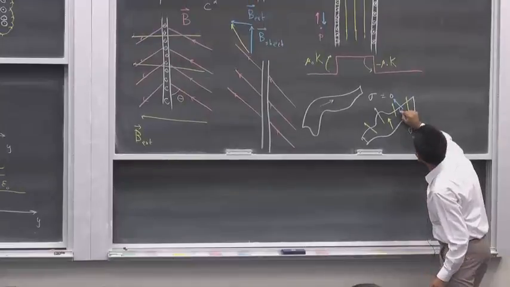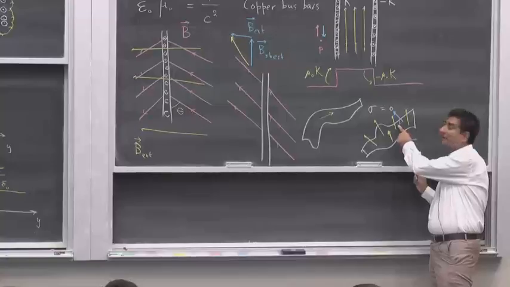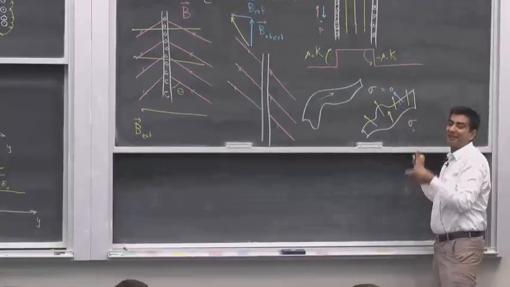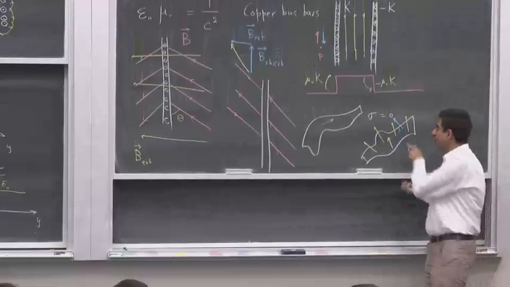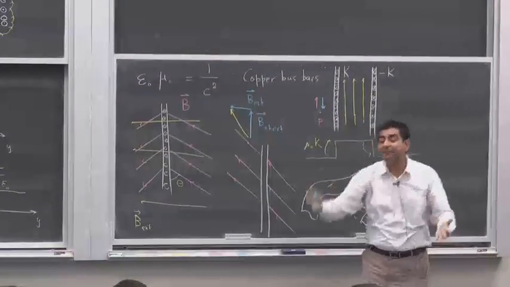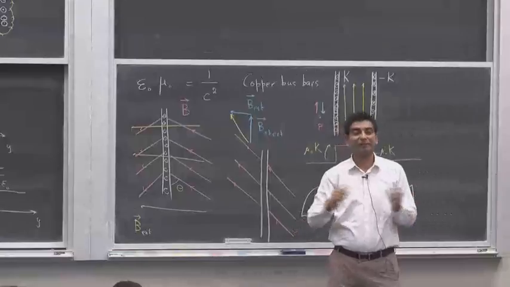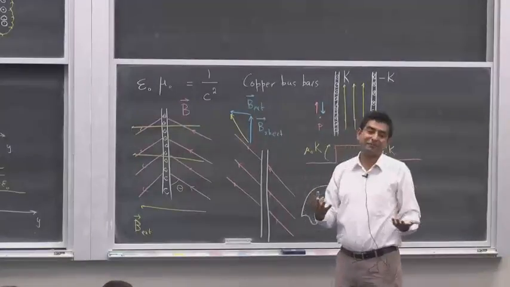This angle always has to be 90 degrees. You cannot have a non-90 degree angle here. Because if such a field were to exist, it would have a component parallel to the conductor which will cause charges to flow. So such a field that is not normal to the surface of a conductor is impossible if you have static conditions. So there are certain impossible electric or magnetic fields.